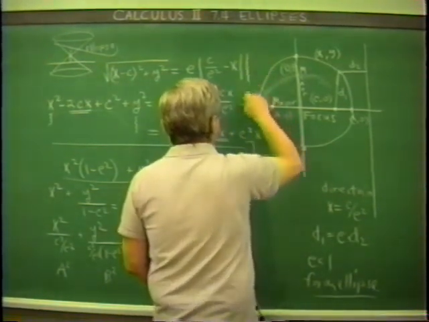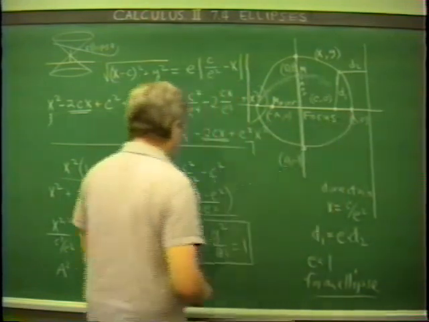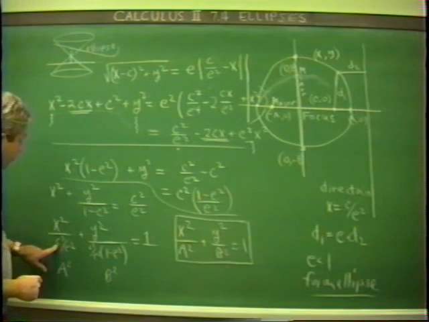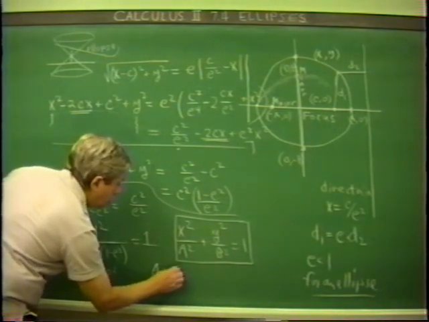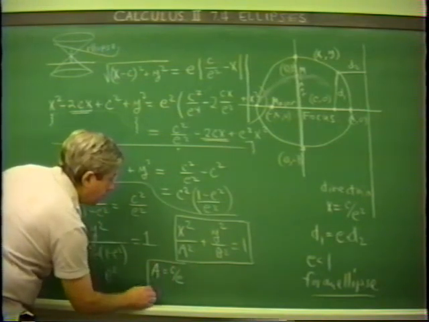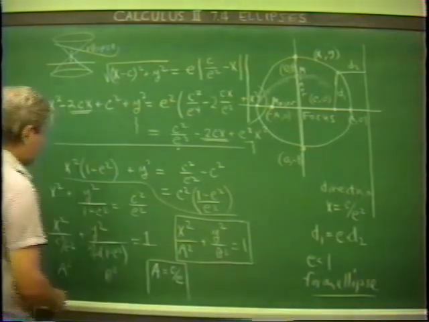The symmetry here indicates that there's going to be another focus over here and another directrix over here. Note from this that a is equal to c over e. This will allow you to get e, given a and c.